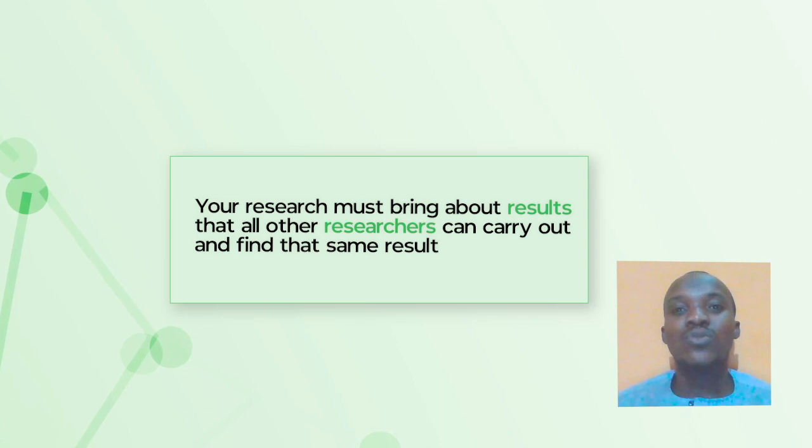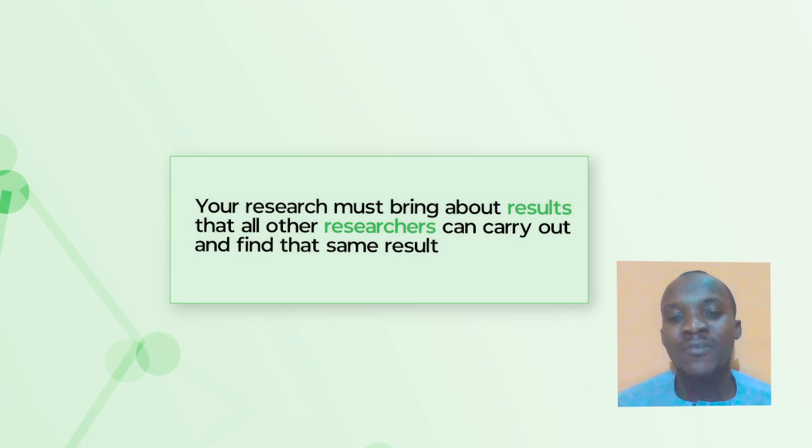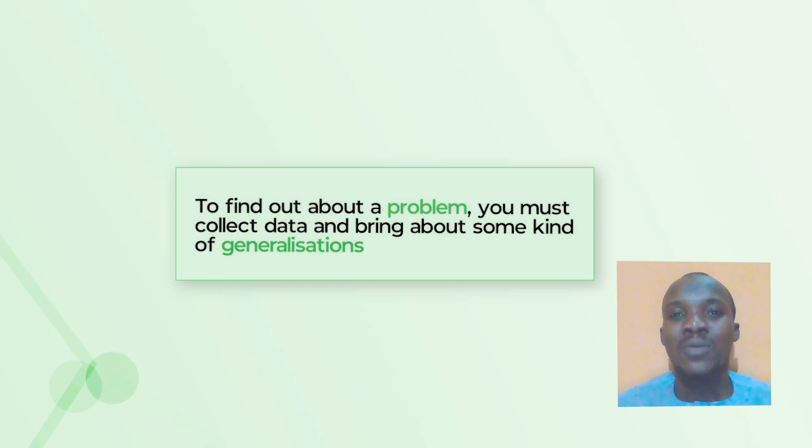In our example of data science in relation to the environment or ecology, the field of data ecology, when I was talking about the US border in relation to the Canadian border, I said that to find out about that problem, I need to collect data, and as I'm collecting data, I need to bring about some generalizations, some results that I state.